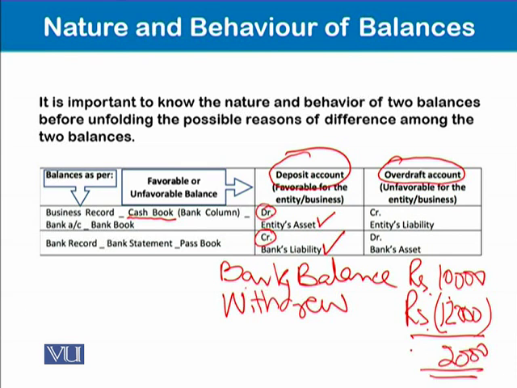That you took 2,000 as overdraft facility. So this 2,000 will become your liability. Means you have drawn in excess of the balance that was available for you. So the excess amount of 2,000 will become your liability and will be taken as credit in nature.